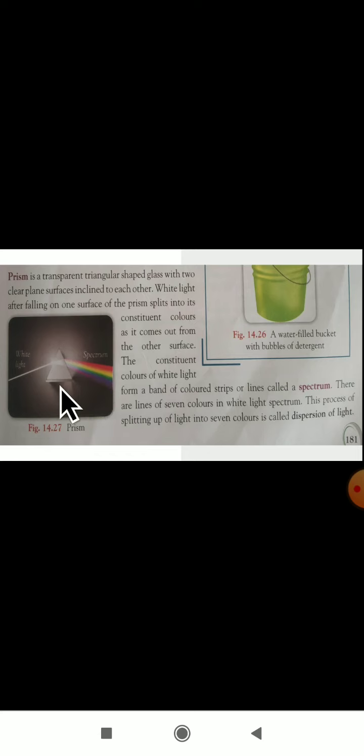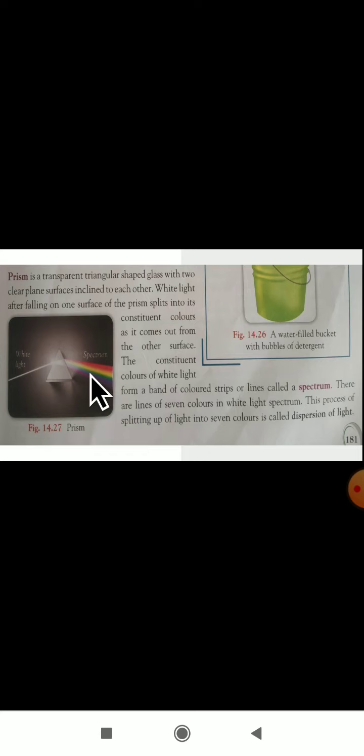The 7 colored stripes that occur are called the spectrum. There are 7 colors in a white light spectrum.